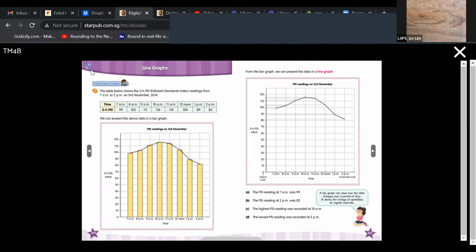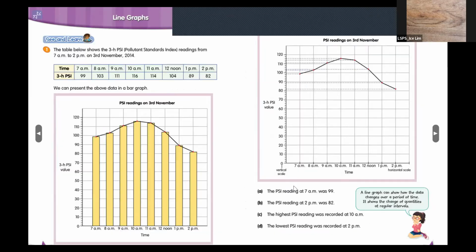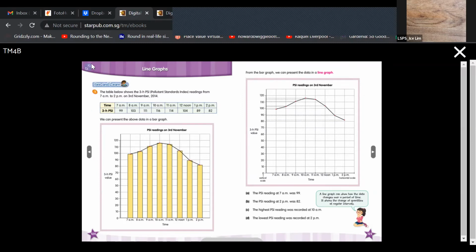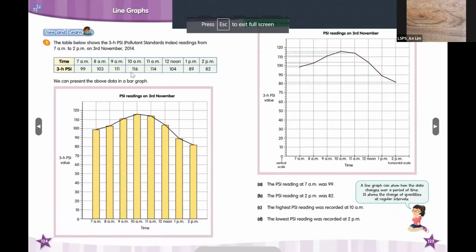You'll see that it says here on pages 124 and 125, you can see here the PSI readings on the 3rd of November.